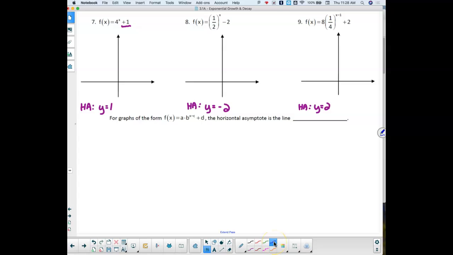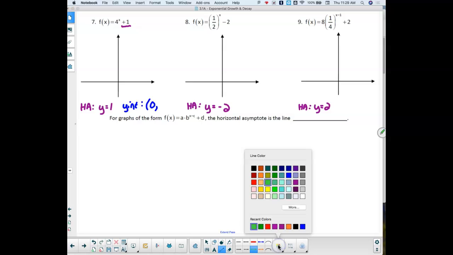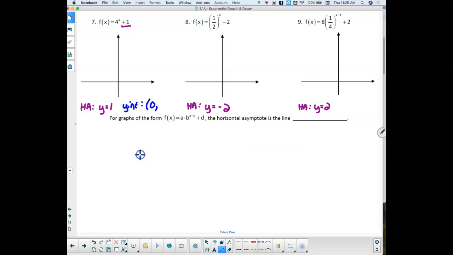So we'll go blue. What is the y-intercept here on this one? Shout it out when you think you know it. What do we got? (0, 2). Do we agree with (0, 2)?